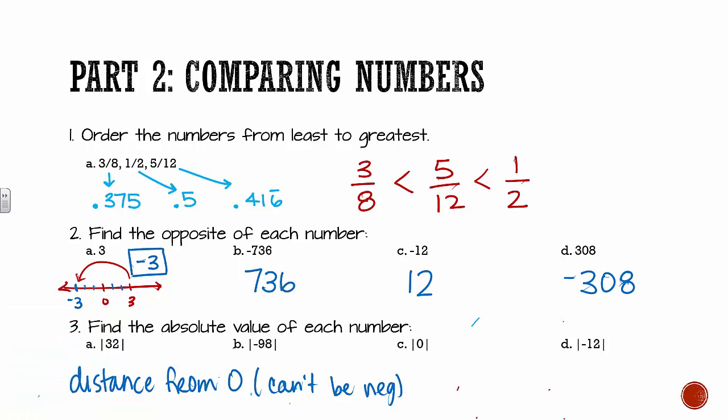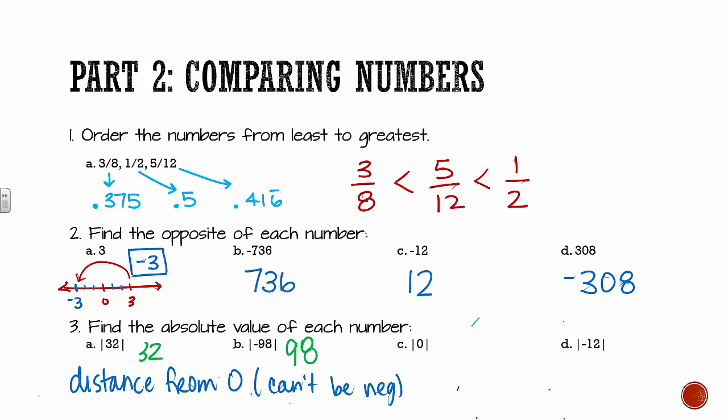So this is asking us how far is 32 away from 0 on the number line. We could draw out a number line and count, but the distance is just 32. And then how about -98? If I was to count how many spaces it is away from 0, I would get exactly 98 spaces.